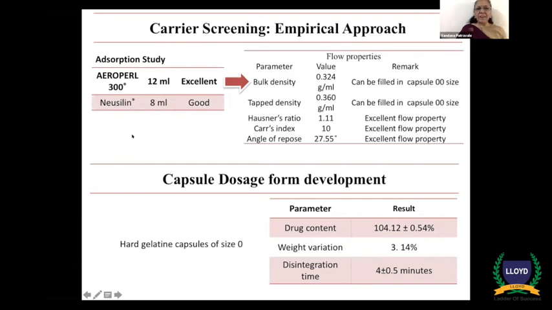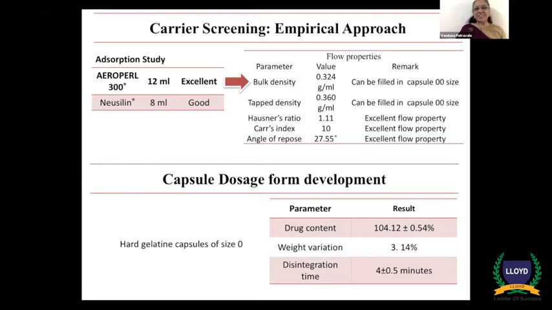We tried various adsorbents, but again, we know that Aeroperl performs well. Since 1995 onwards, I've been working on these systems. We know for which systems what to use. So Aeroperl 300, 1 gram could take 12 ml of nanosuspension.